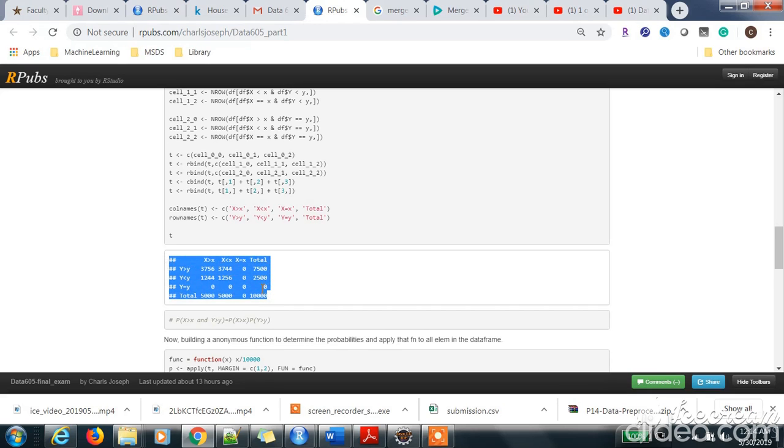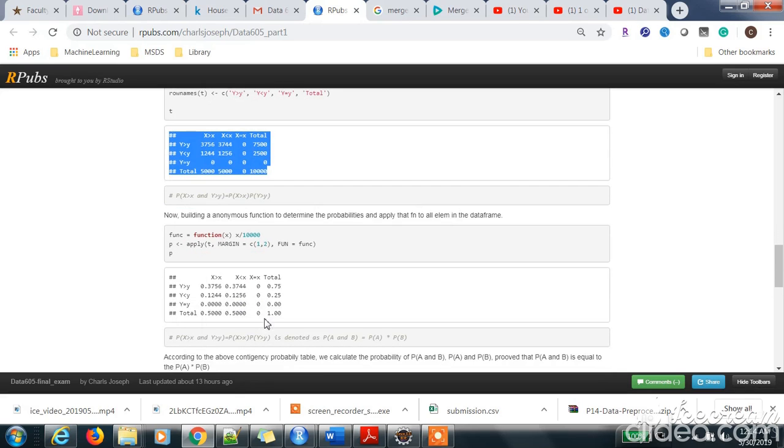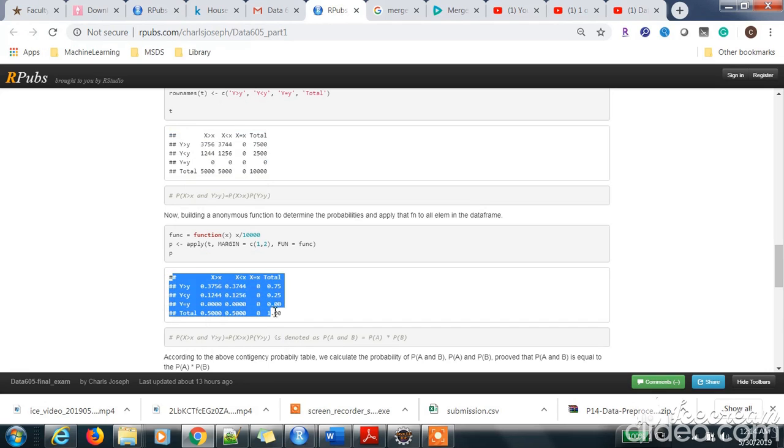From that I can build a contingency probability table, which gives you the probability of each and every combination.